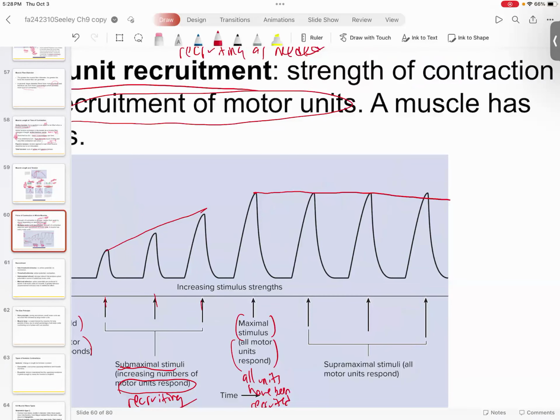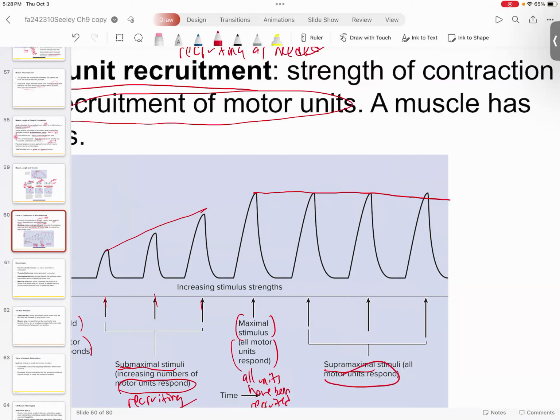And once you get past that maximal stimulus where you've achieved maximum contraction, from then on, it's called supramaximal stimuli. So all the motor units that are going to respond have responded, and then basically they just maintain this sort of contraction. You've reached maximum contraction.